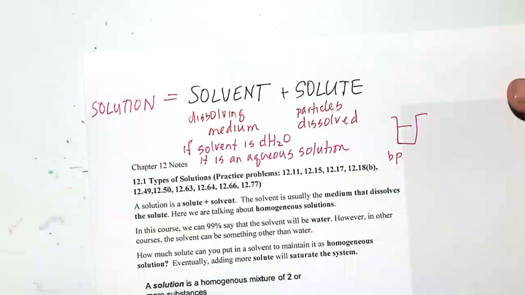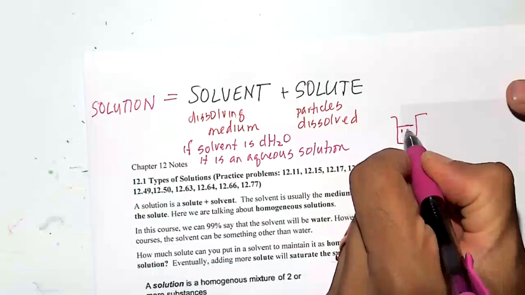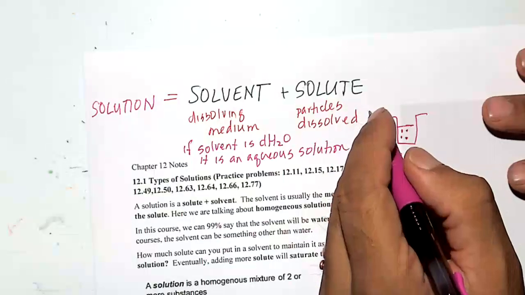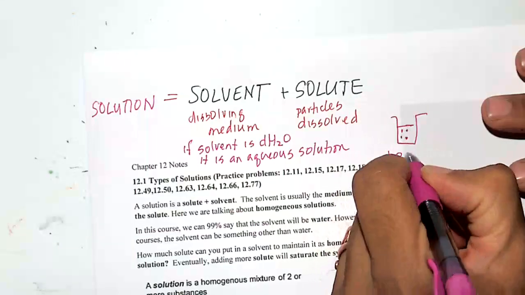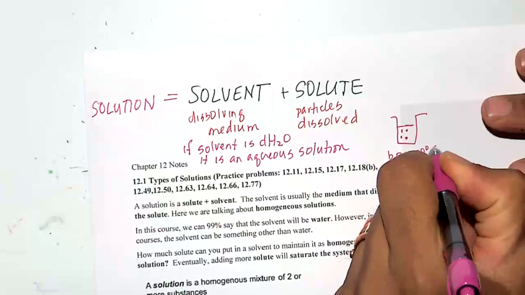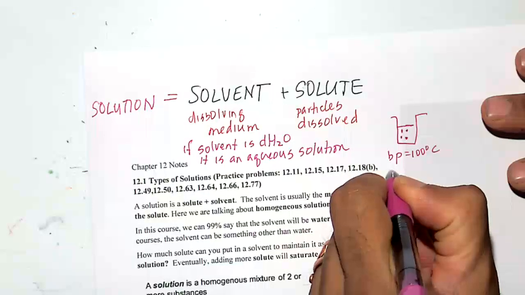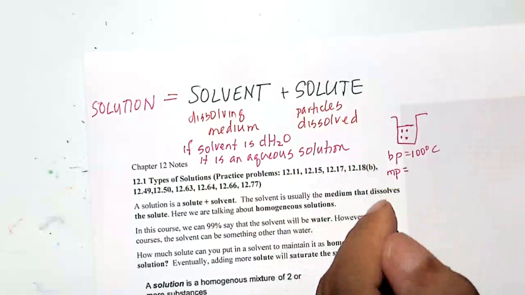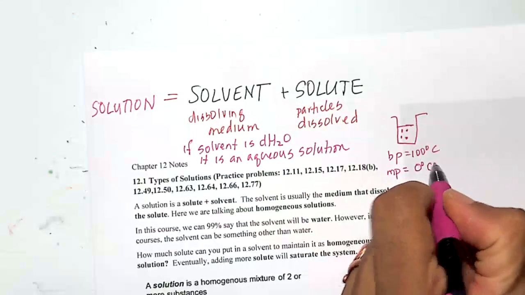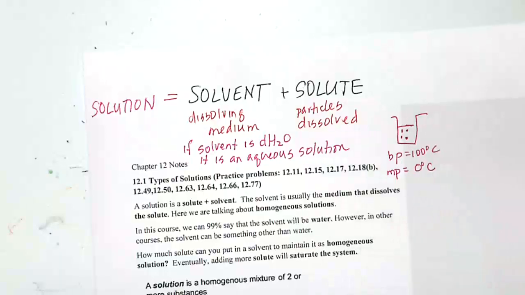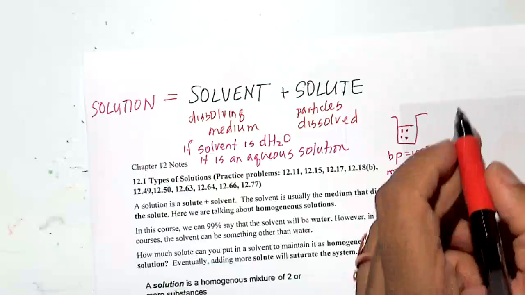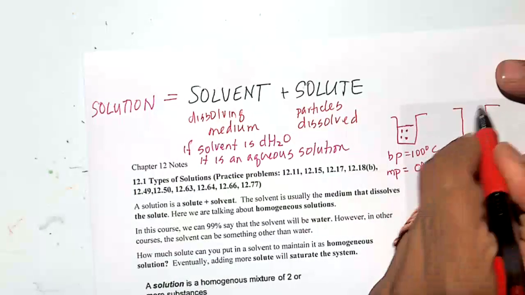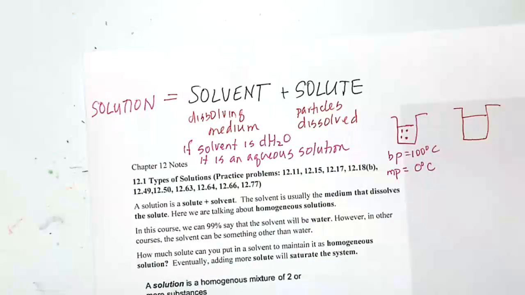Okay, so water alone, right here to the left, its boiling point will be 100 degrees. What will its melting point be, water alone? 0 degrees.